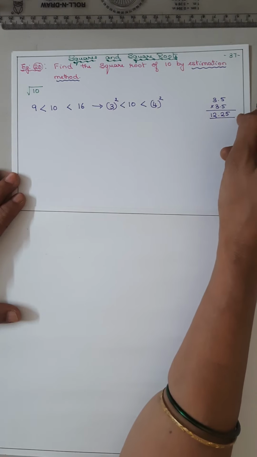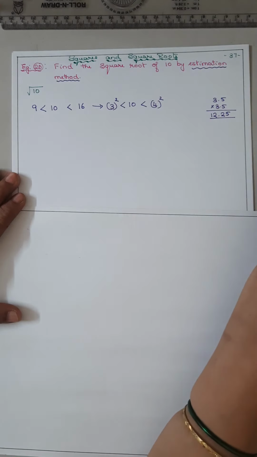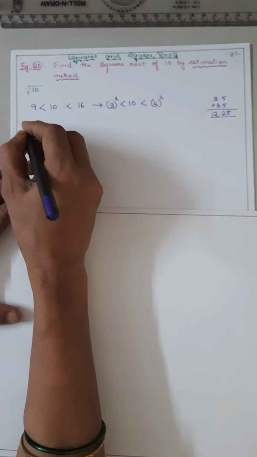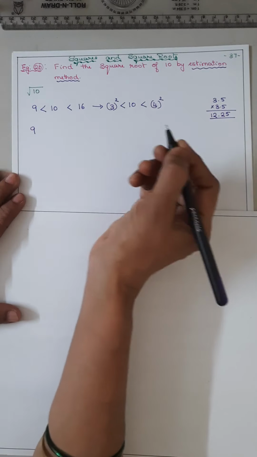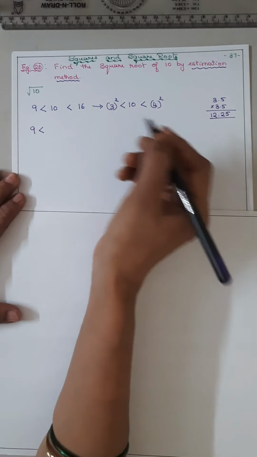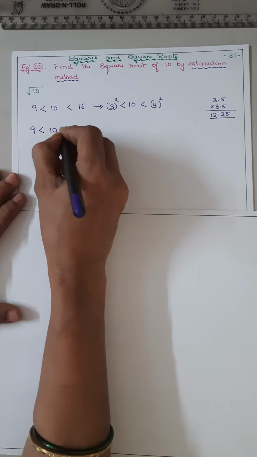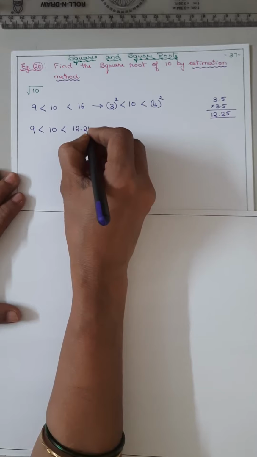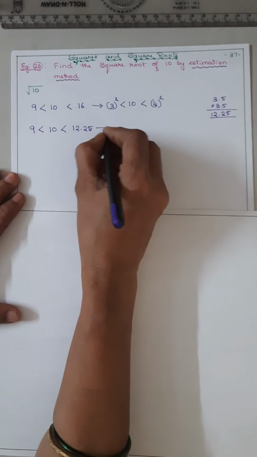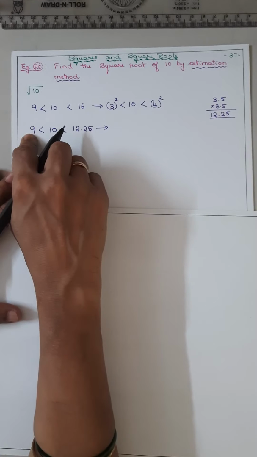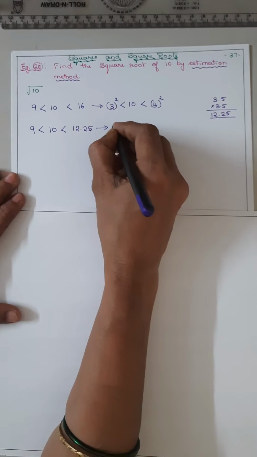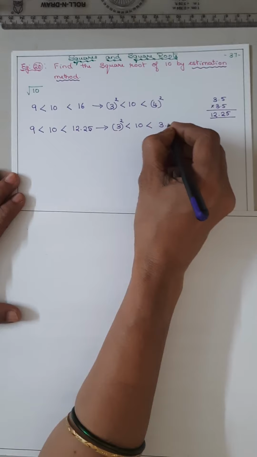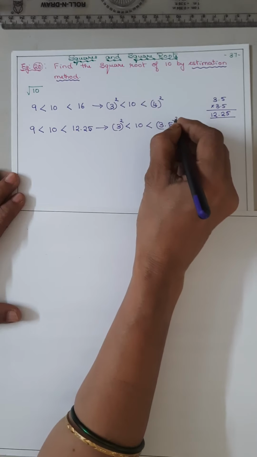Now 12.25 is to the right of 10, isn't it? It is bigger than 10. So 9, 10, now 12.25. That means it is between 3 square and 3.5 square. Yes or no?